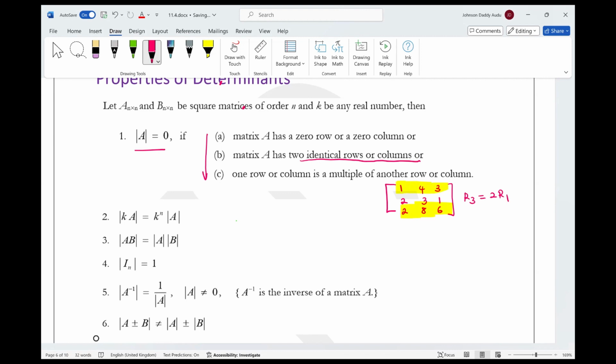Okay. Also, like this one, it says if they have two identical rows or columns. Identical means they are the same. For example, if you have 1, 2, and 1, 3, and then 1, 3. You see, this one, the determinant will be 0. Or let's make it 3 by 3. Let's say you have 1, 3, 0, and then you have 3, 2, and then you have 1.